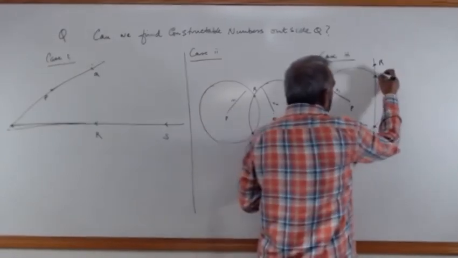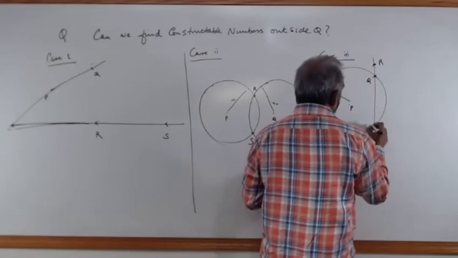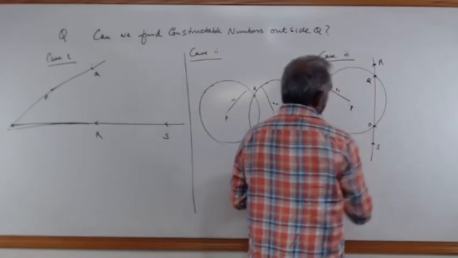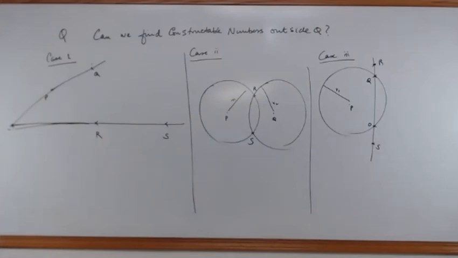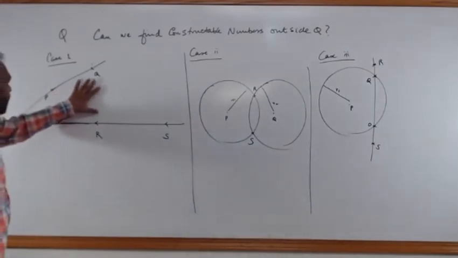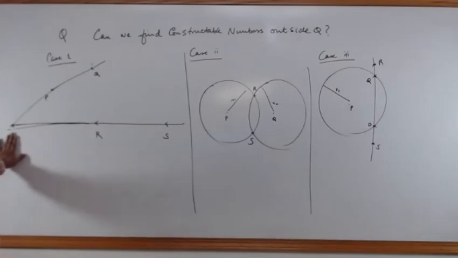So this is probably Q and O. So given the points, you can construct more points here.